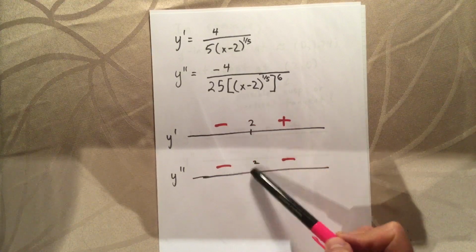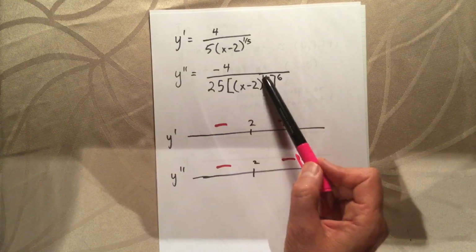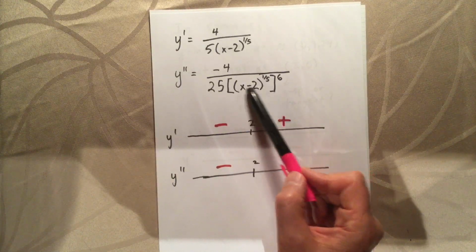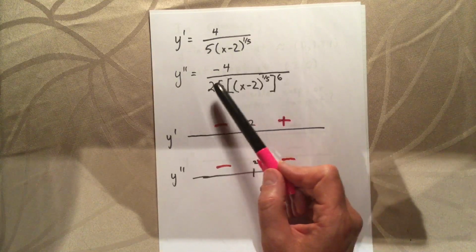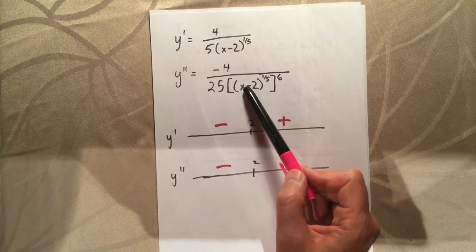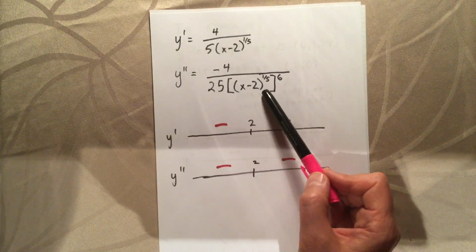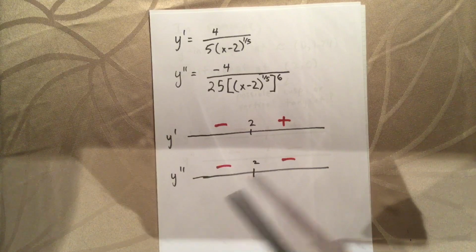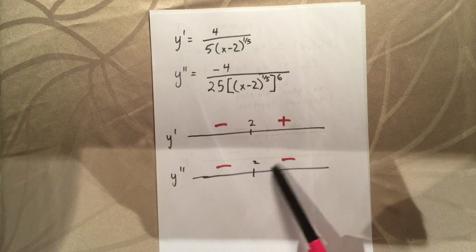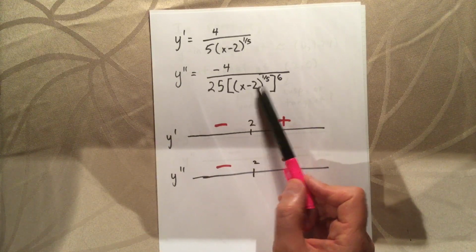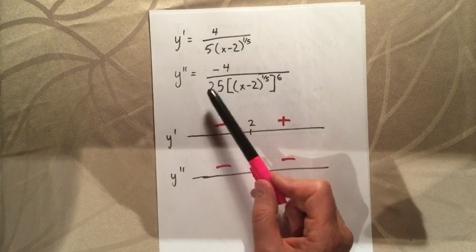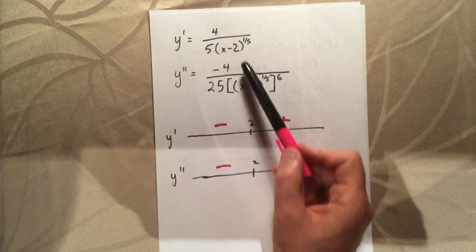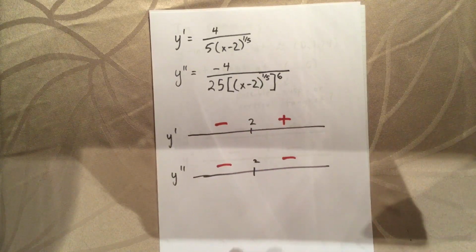But raising that to the exponent 6 makes it positive. 25 times a positive is positive, so we have a negative over a positive, which is negative. Now, when x is greater than 2, x − 2 is positive. The fifth root of a positive number is positive, raised to the exponent 6 is positive, and 25 times a positive is positive. So again we have a negative over a positive, which is negative. You don't need a calculator for that.